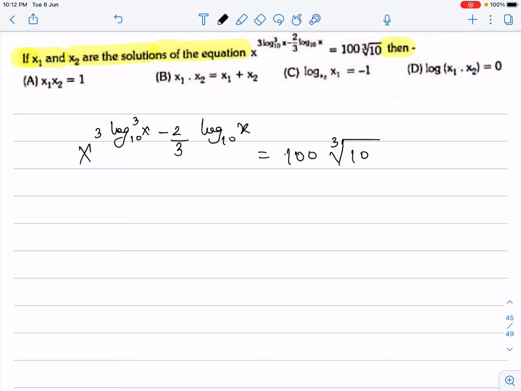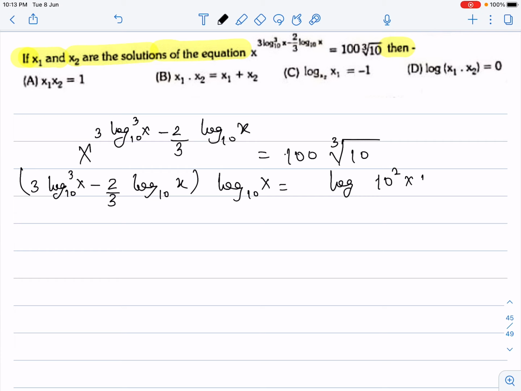Taking log x base 10 on both sides, I will write 3 (log x base 10) whole cube minus 2 by 3 log x base 10 multiplied by log x base 10 is equal to log of 10 power 2 multiplied by 10 power 1 by 3, base 10.